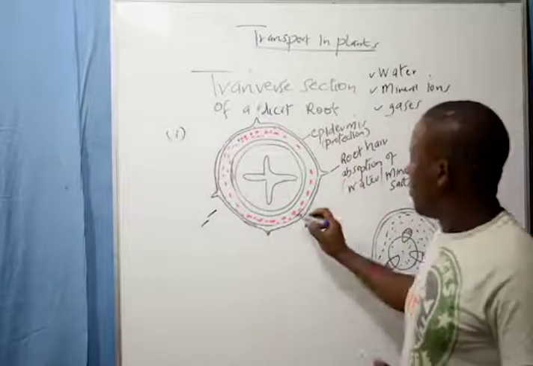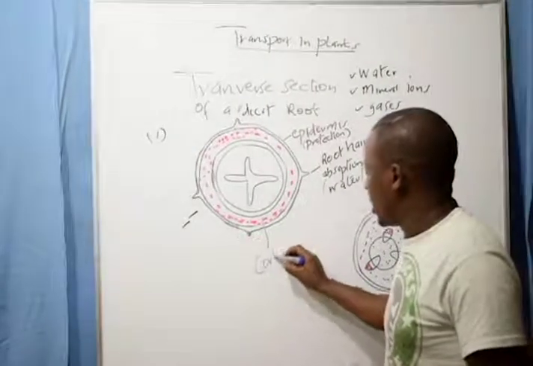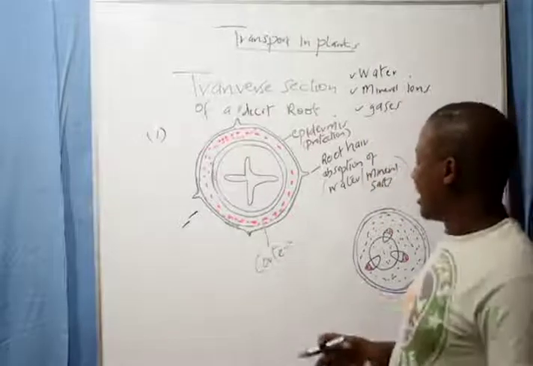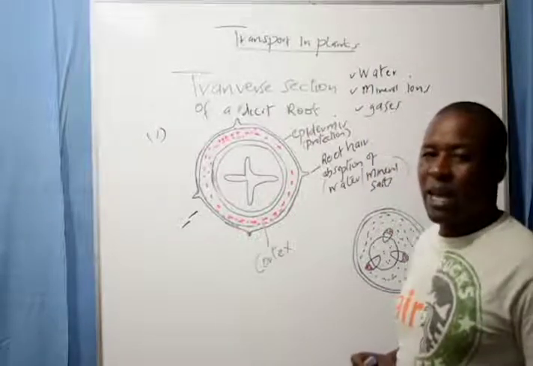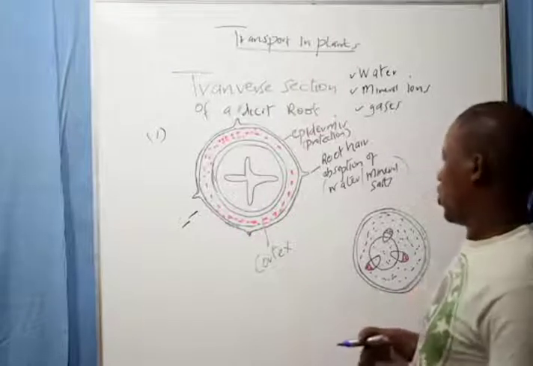Then we have this region known as the cortex. The cortex contains parenchyma cells for storage.